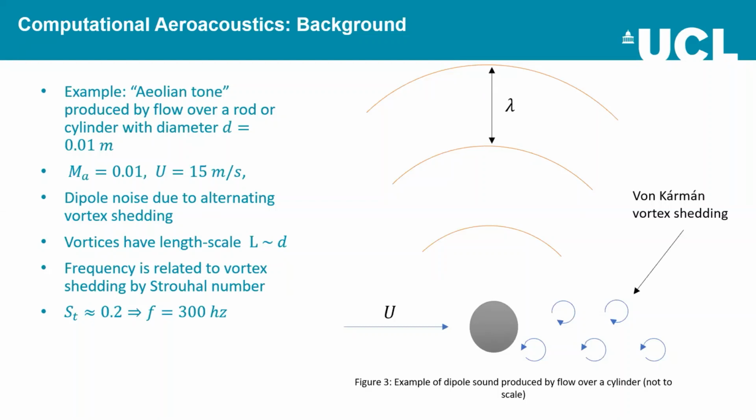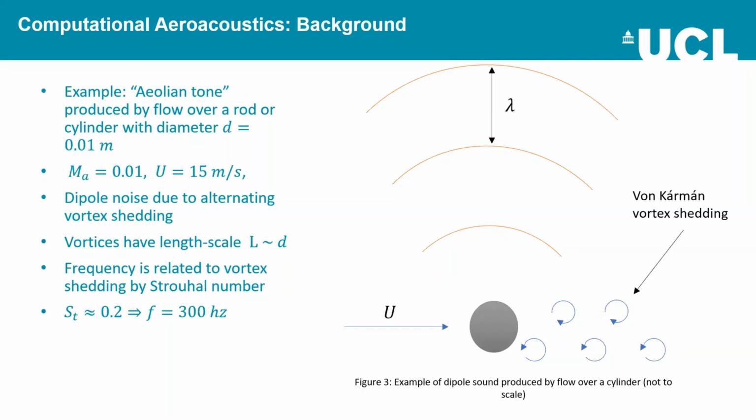The sound is produced by the alternating vortex shedding, and the frequency of the vortex shedding is the frequency of the sound. Now these vortices are going to have a length scale that is roughly the same order of magnitude as the diameter. And we know that the frequency is related to the vortex shedding through the Strouhal number, and that Strouhal number generally is about 0.2.